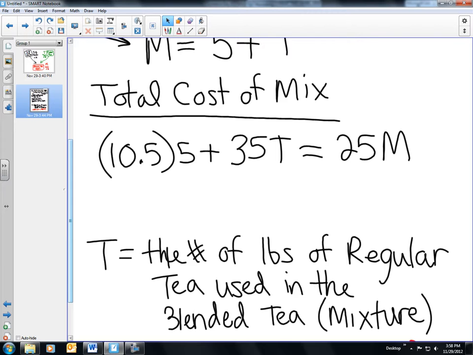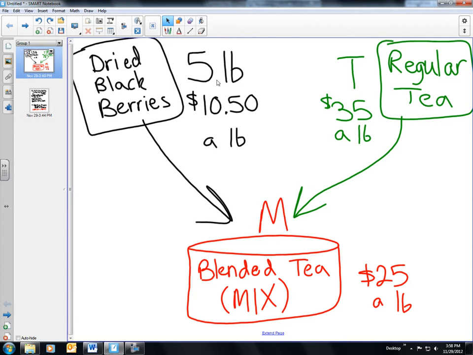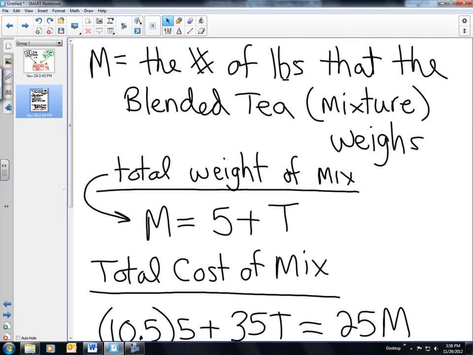Now, we know that we're using 5 pounds of the dried blackberries, and we're using an unknown number of pounds of the regular tea. So the total weight of the mixture M we can represent with an equation, which is M equals 5 plus T.